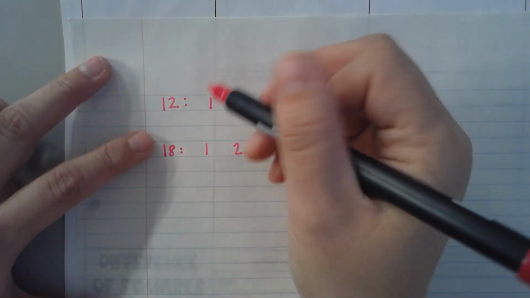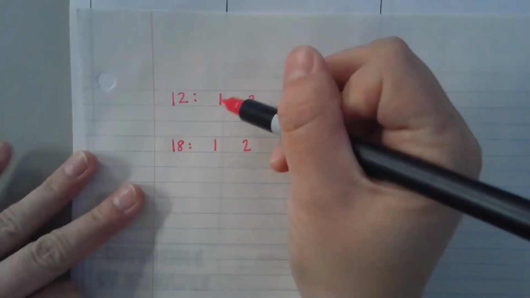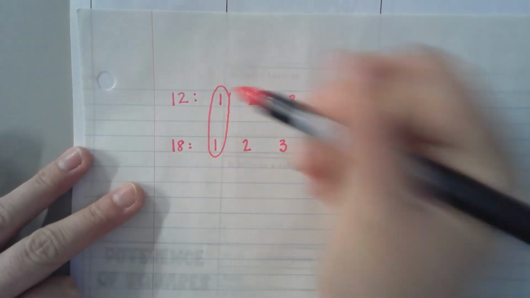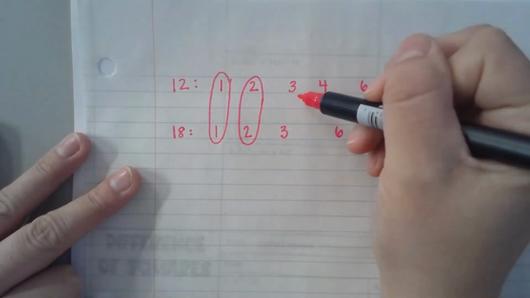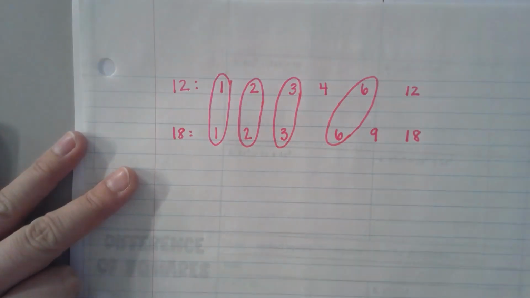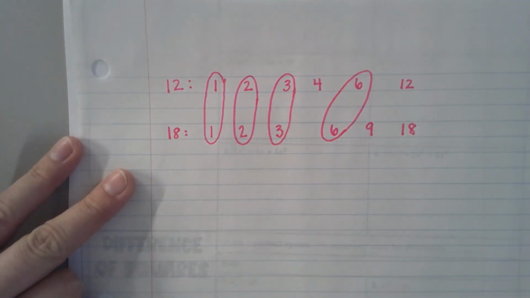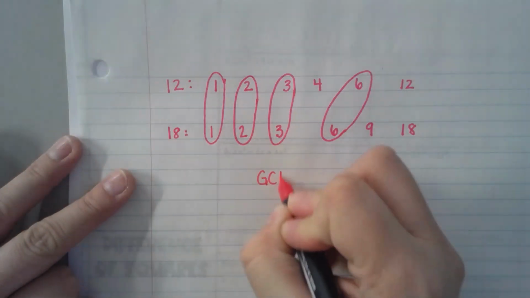No. So the factors that they have in common: they have a 1 in common, a 2, a 3, and a 6. Of those four numbers, which one is the greatest? 6.